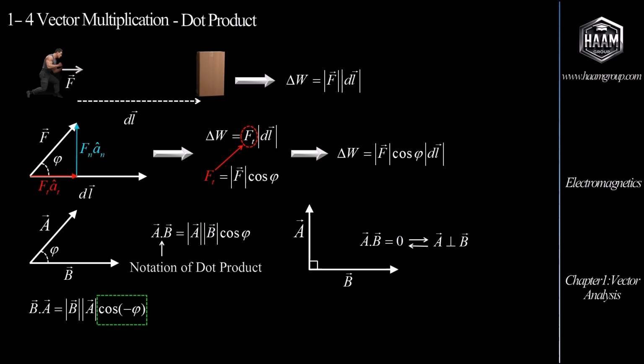We get abs B abs A cosine minus phi. However, cosine is an even function, so cosine minus phi equals cosine phi. As a result, B dot A equals A dot B. Therefore, the dot product has the commutative property.